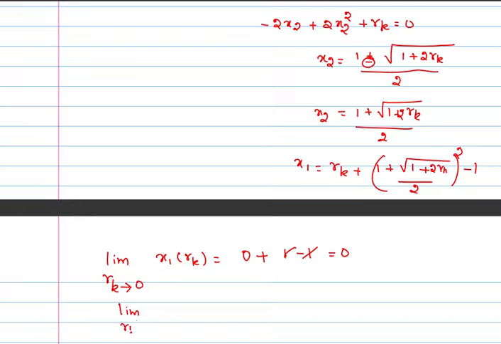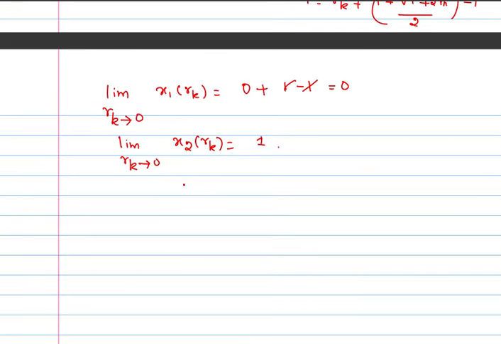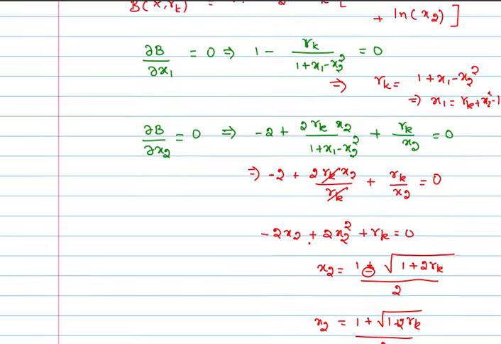Limit as rk tends to 0 of x2 of rk: when rk equal to 0, x2 becomes 1. So our point 0, 1 is our optimal point. f of 0, 1 equal to minus 2. This is the way.